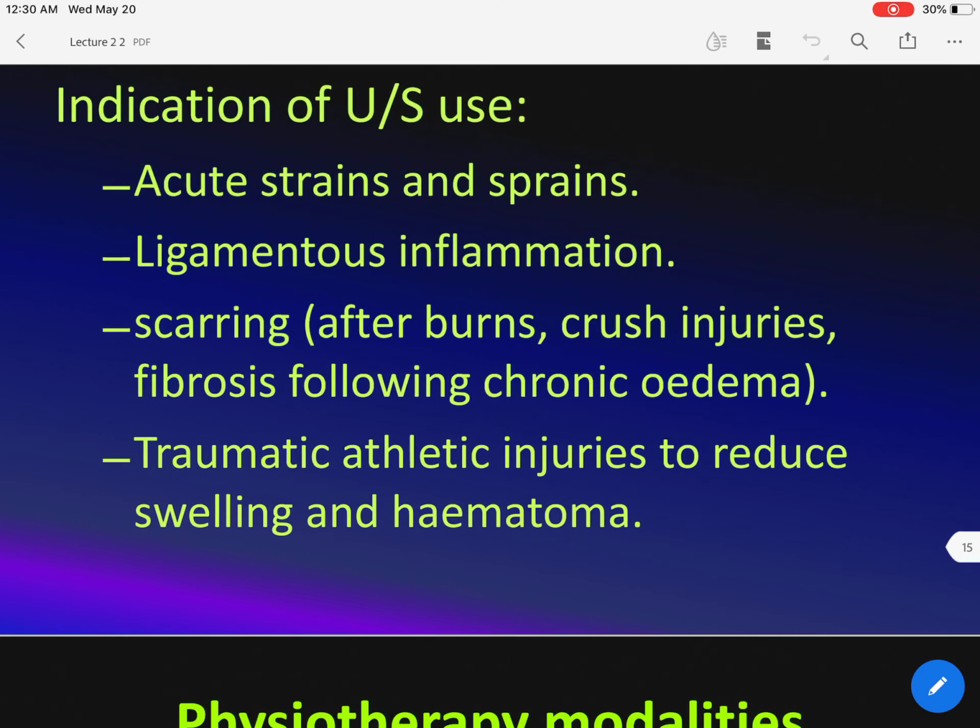Acute strains and sprains, ligamentous inflammation, scarring after burns, crush injuries, fibrosis following chronic edema, traumatic athletic injuries to reduce swelling and hematoma. Very important indications.